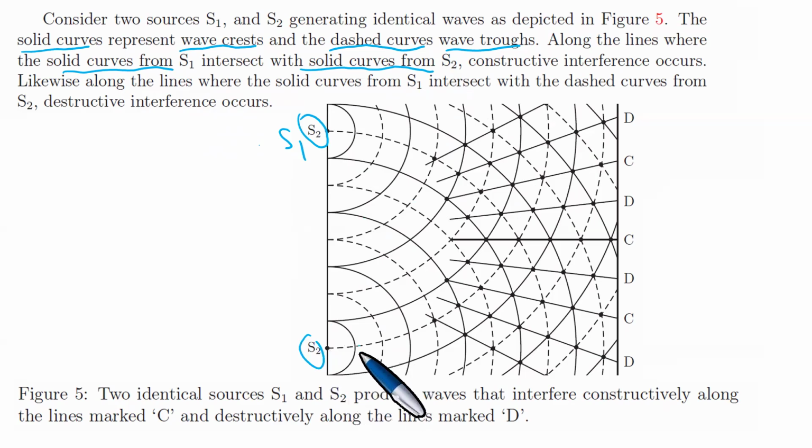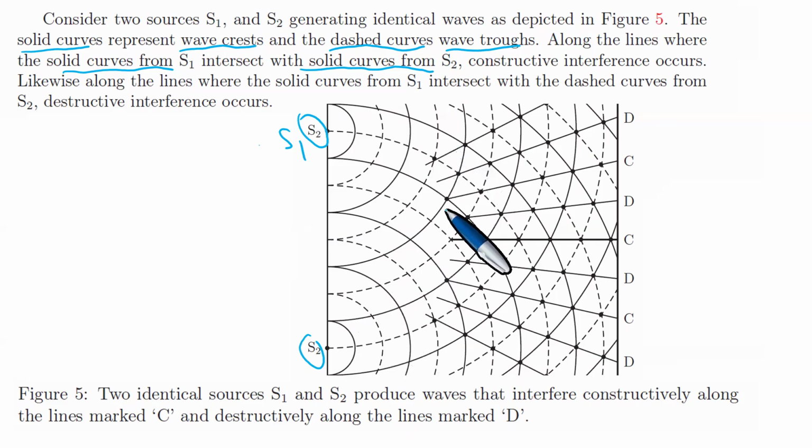There are also solid curves from S2 like this. And so constructive interference happens. If you have these and they engage the solid ones, you have constructive interference.